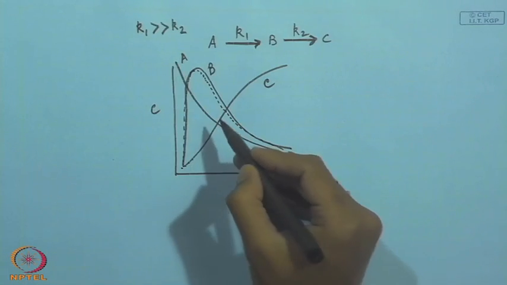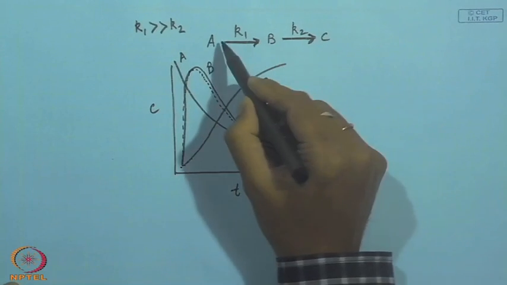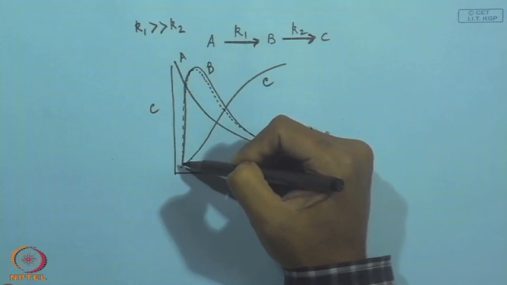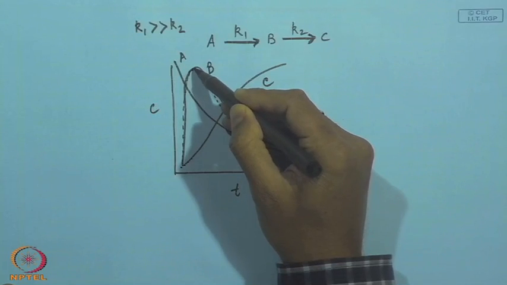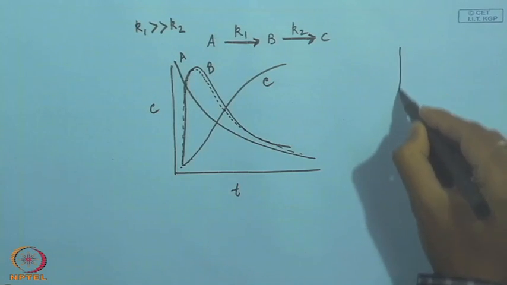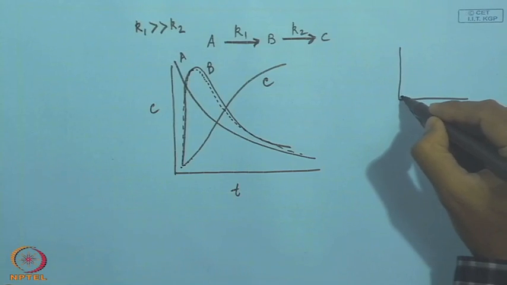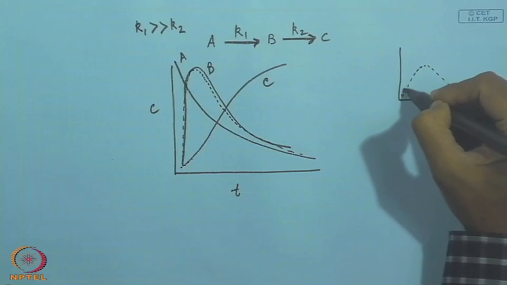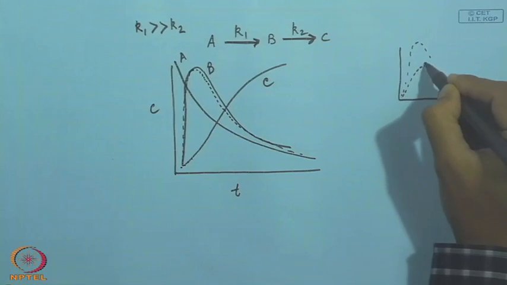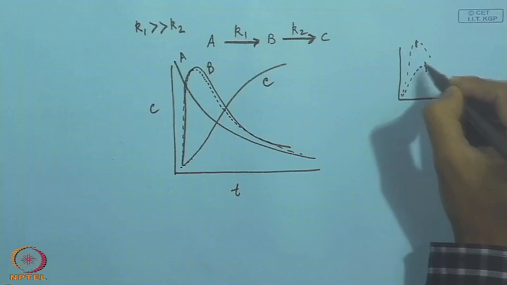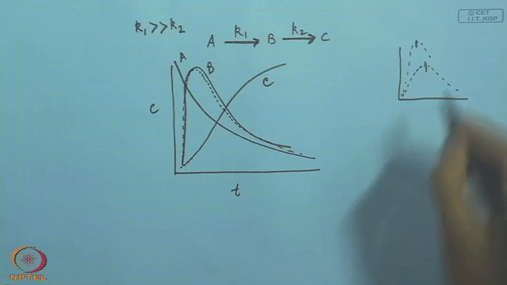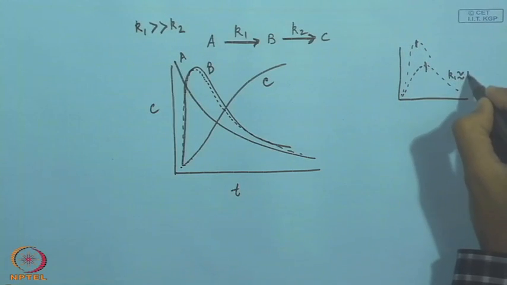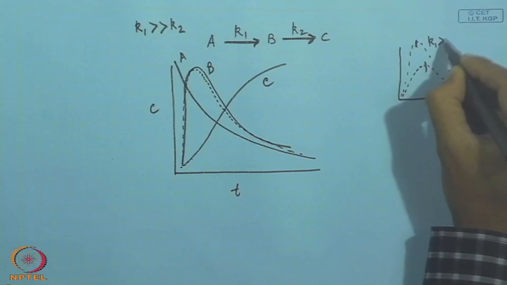Okay. So, why is it like this? Because since K1 is very high, therefore, with a very high rate it will reach the top. In the previous case the maximum was at some intermediate time, but here this maxima is much earlier than that maximum, when K1 is close to K2. Here K1 is very much greater than K2.